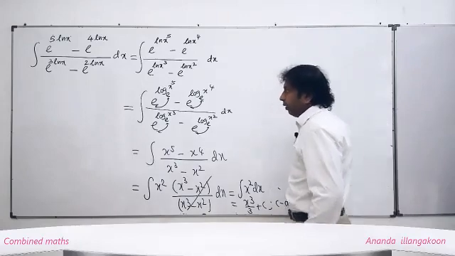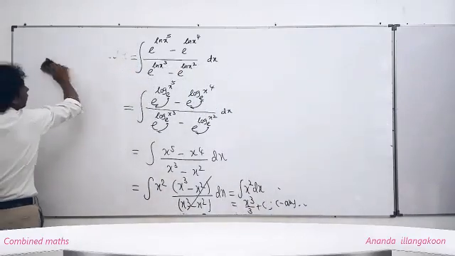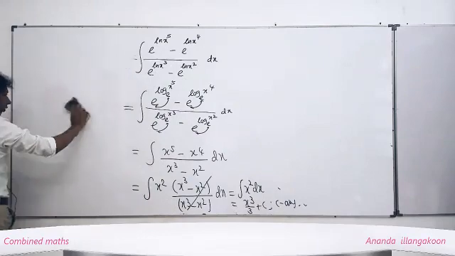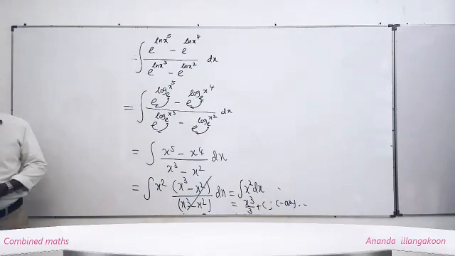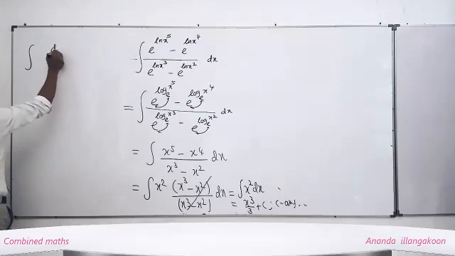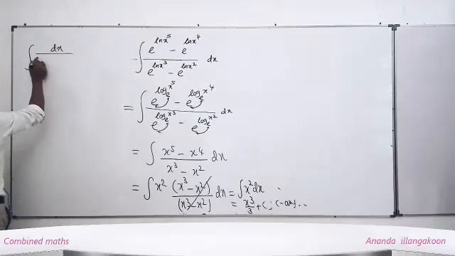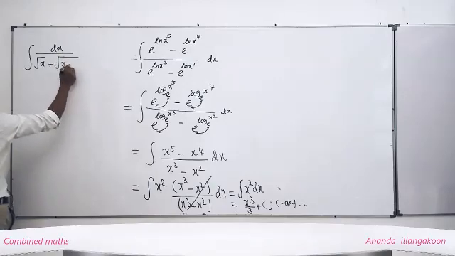Okay, we'll take one more question, and after finishing that, we can go to the trigonometric part. Then we can come to other questions, right? The next one is, people, this integration dx upon root x plus 1.